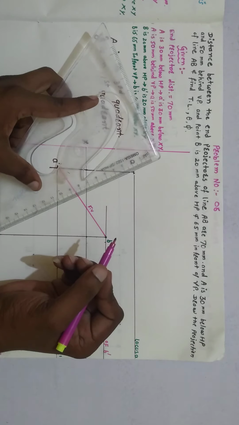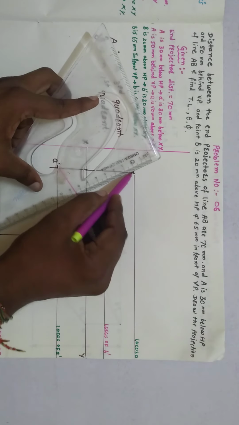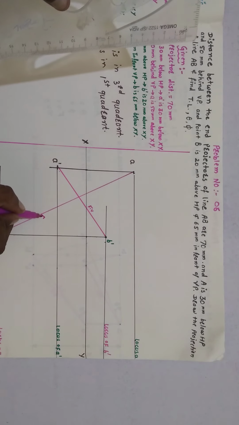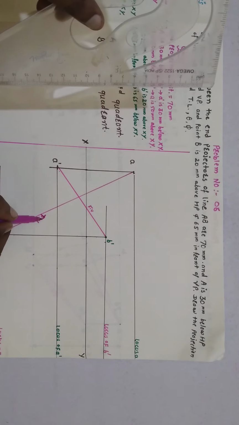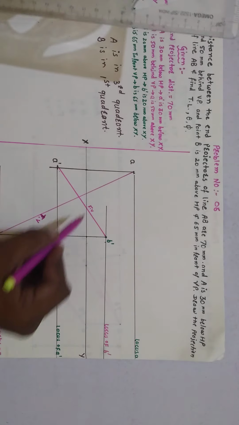Join point A with B by a straight line. This is your top view.